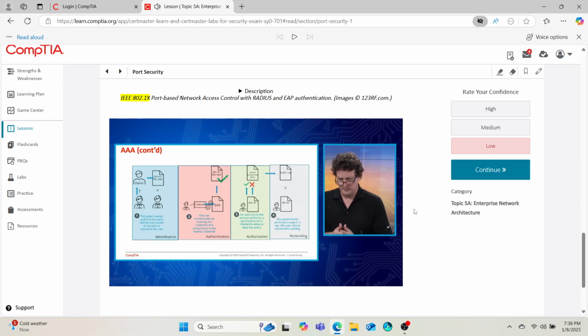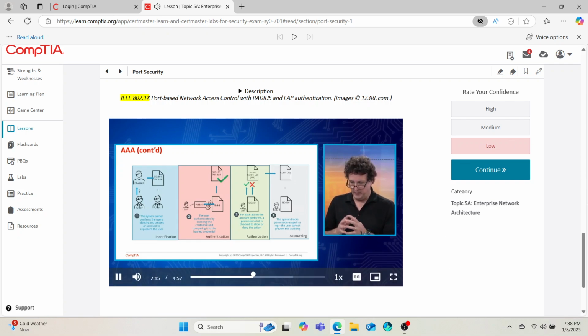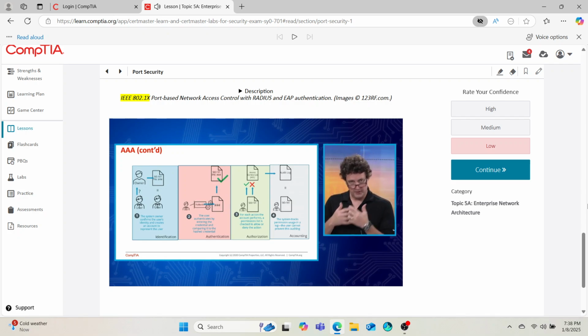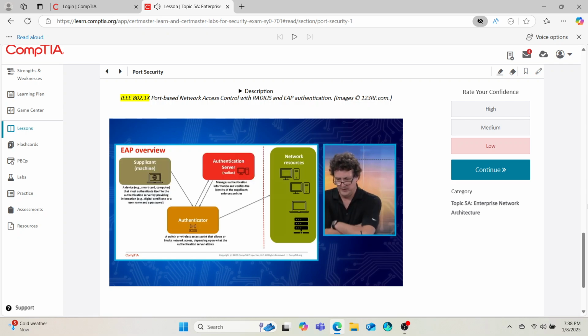So one of the ways to talk about the AAA here is basically as somebody is identified or as a process is identified, you can call it the owner or what have you, but the user then authenticates. After authentication comes authorization, and all the while comes accounting. So accounting is not just done at the end, it's handled all the way through. It's a really important thing to understand.